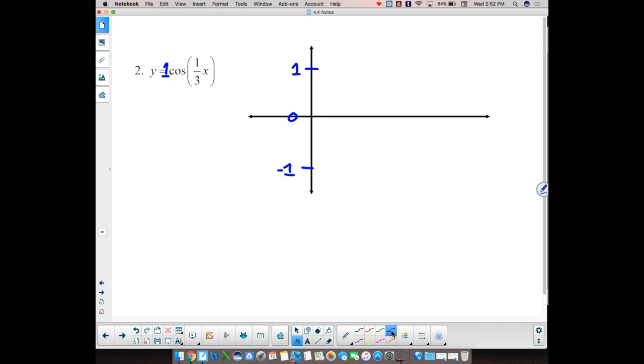Figure out my period. The period of this function is going to be 2 pi divided by 1/3. Uh-oh, dividing fractions. What do we do? Flip and multiply. So this is going to be 2 pi times 3 over 1, which is 6 pi. So all the way out here is 6 pi.